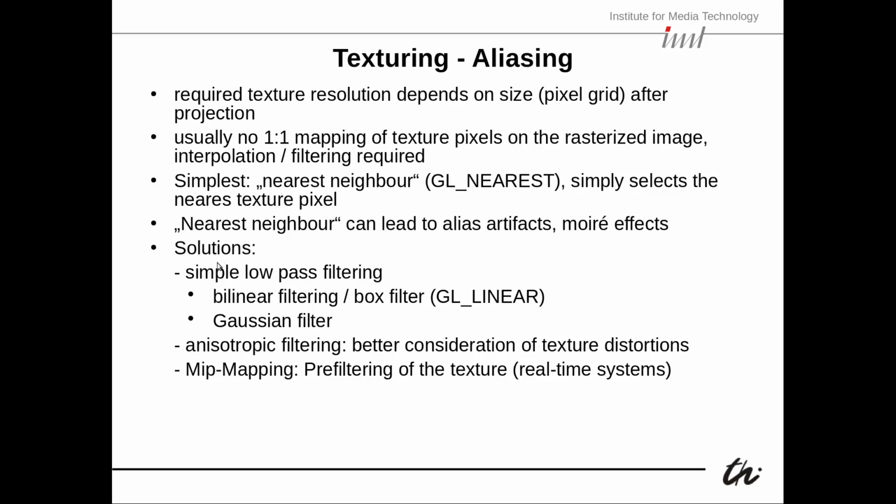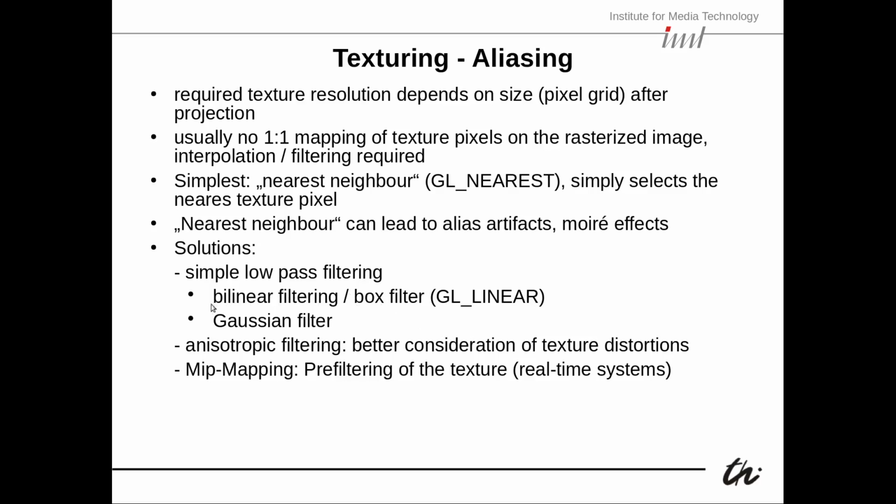So simple solutions here are low-pass filtering. Very simple low-pass filtering is a so-called bilinear filter, which results from a box filter, which we already saw with the interpolation, right? Linear interpolation is basically convolution with a box filter. And in OpenGL, this is called GL linear.